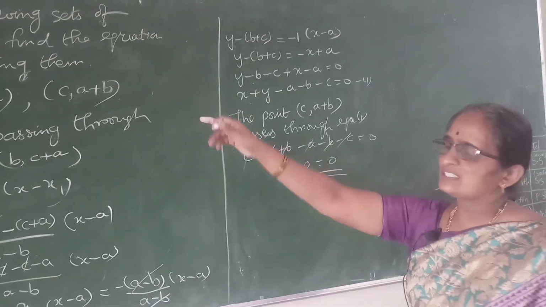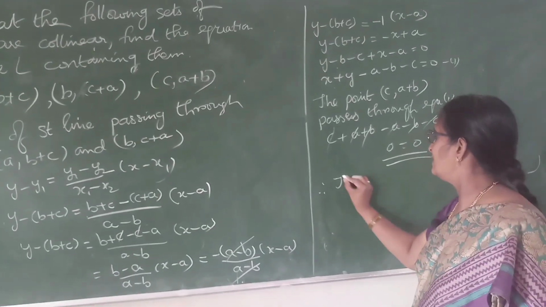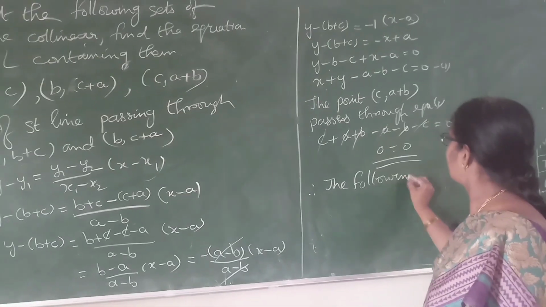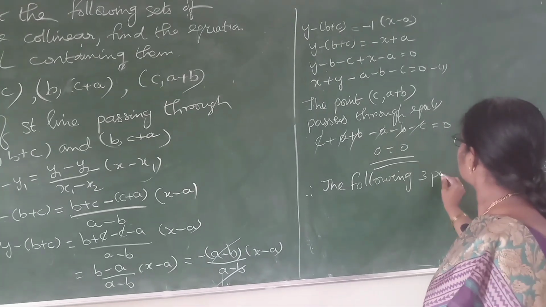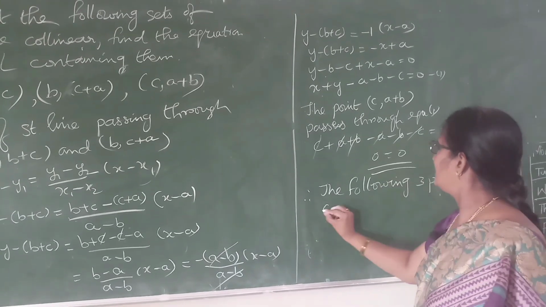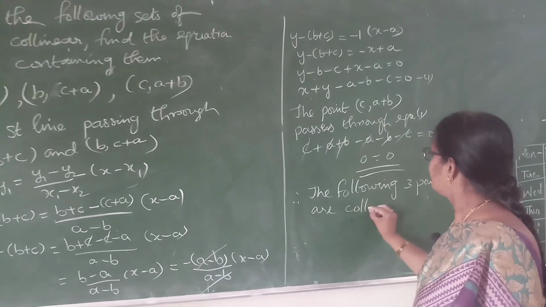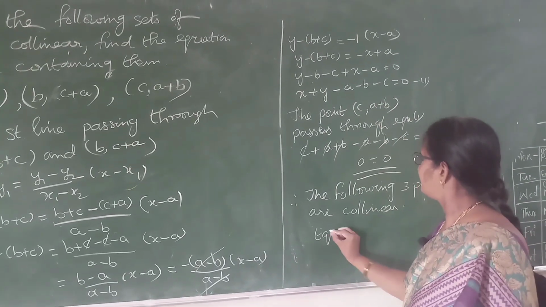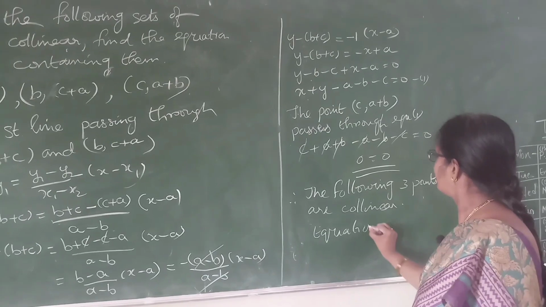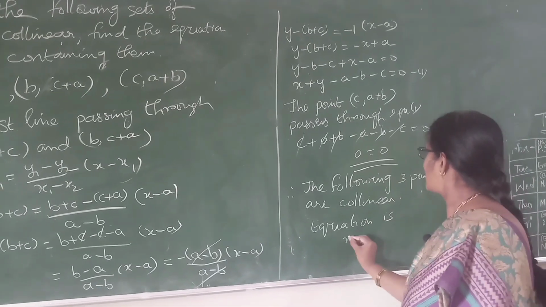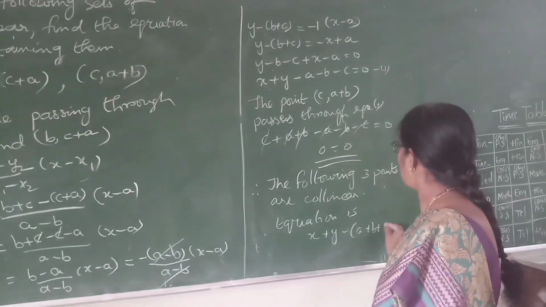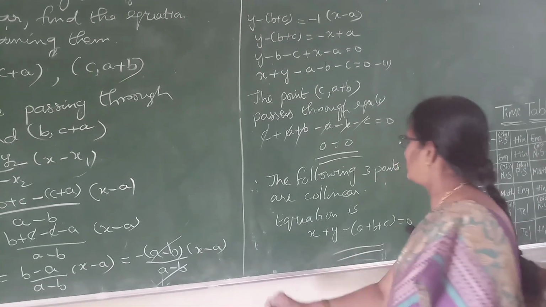So the following 3 points are collinear. Okay, children? And the equation is x plus y minus (A plus B plus C) equal to 0.